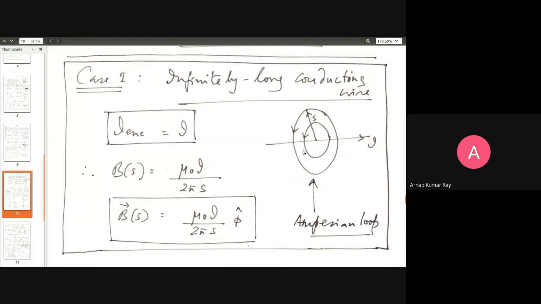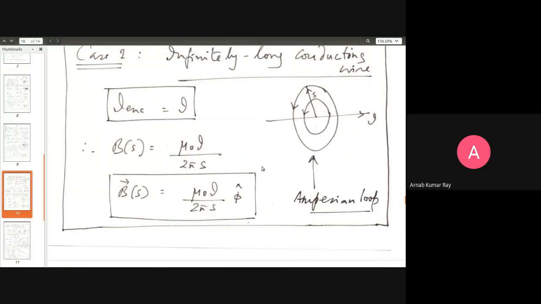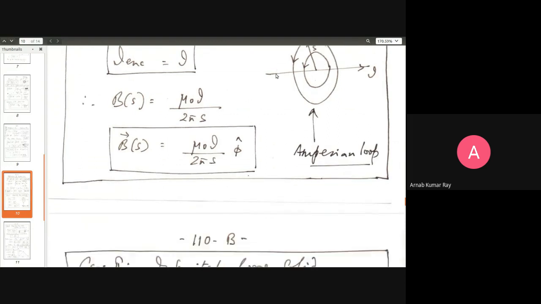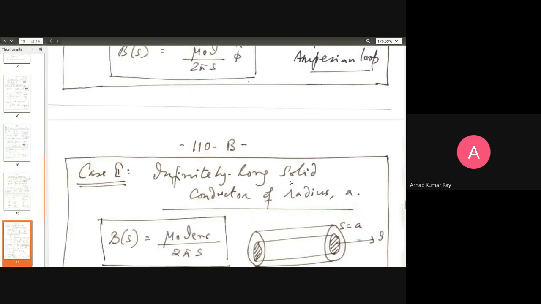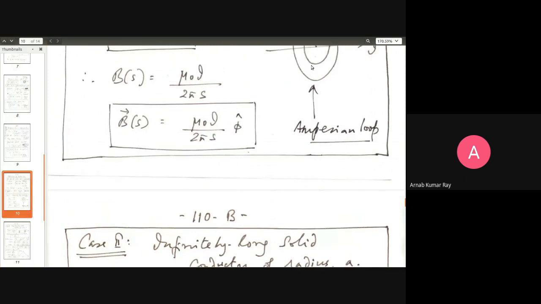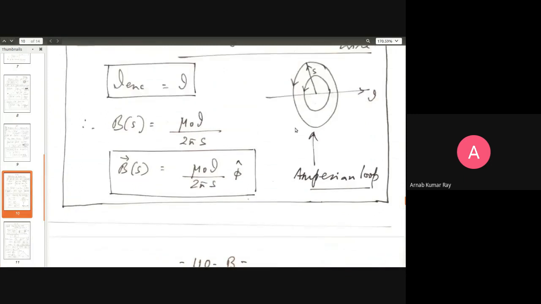The difference is that here you have got a thin wire and here you've got a solid conductor with a radius A. This is so thin that you may assume that it's of zero radius. So outside this, the magnetic field is mu naught I by 2 pi S.